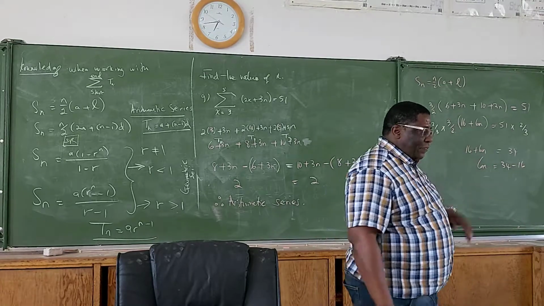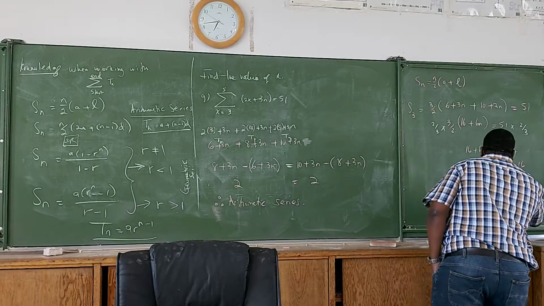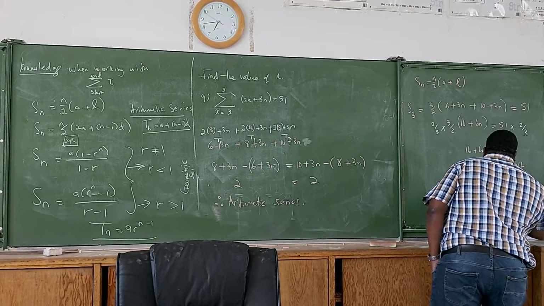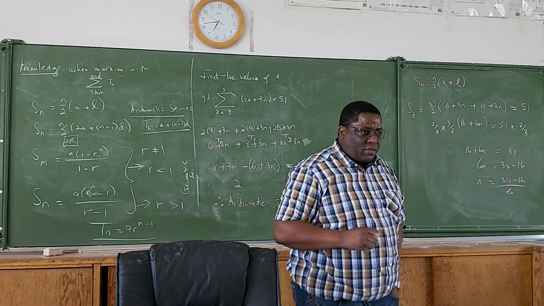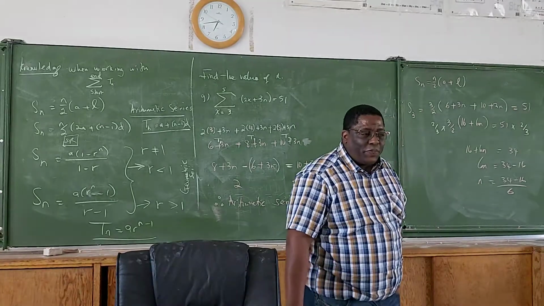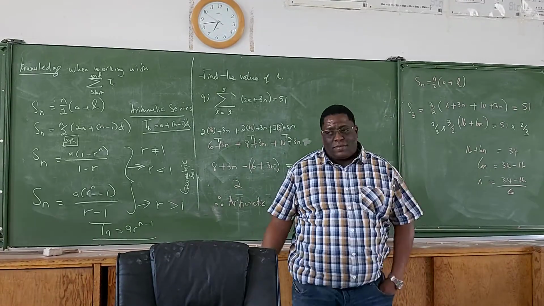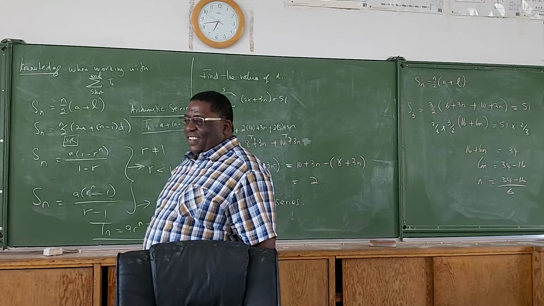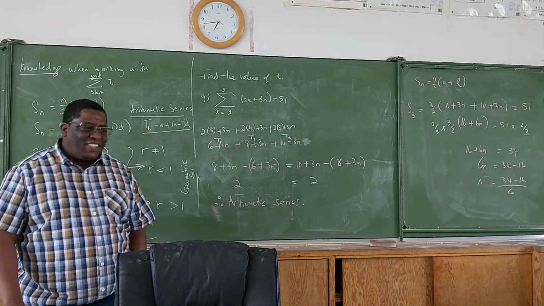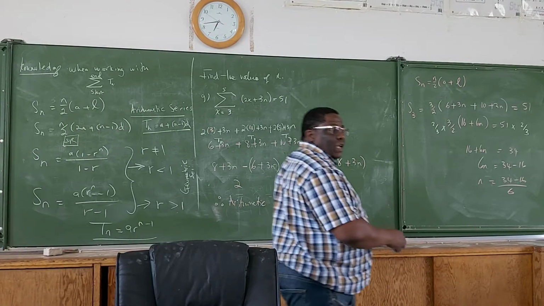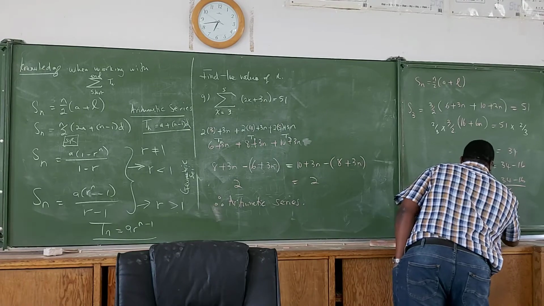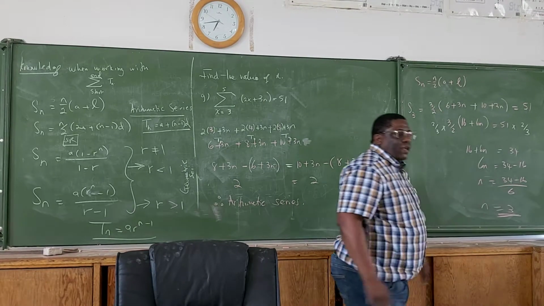Whatever that answer is, you divide that answer by 6. And what say you? N is what? She said n is not there. Yes, it's not there, but now it's there.